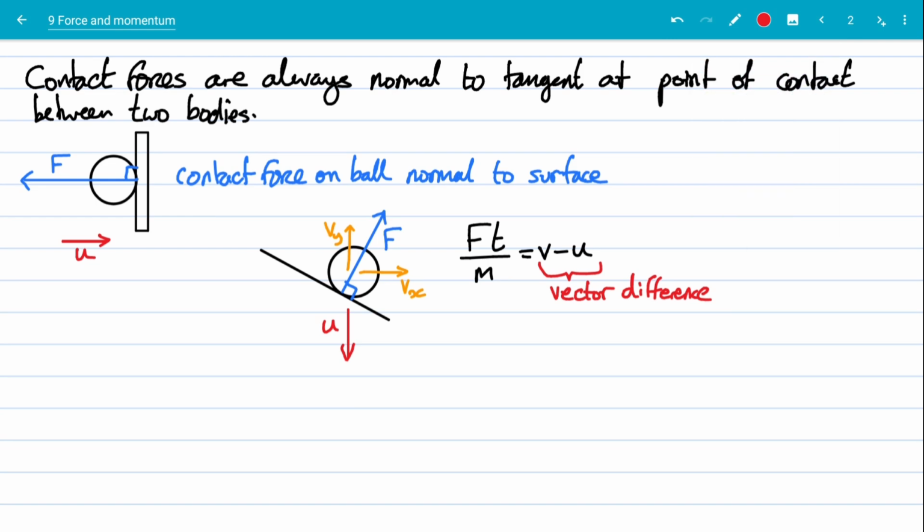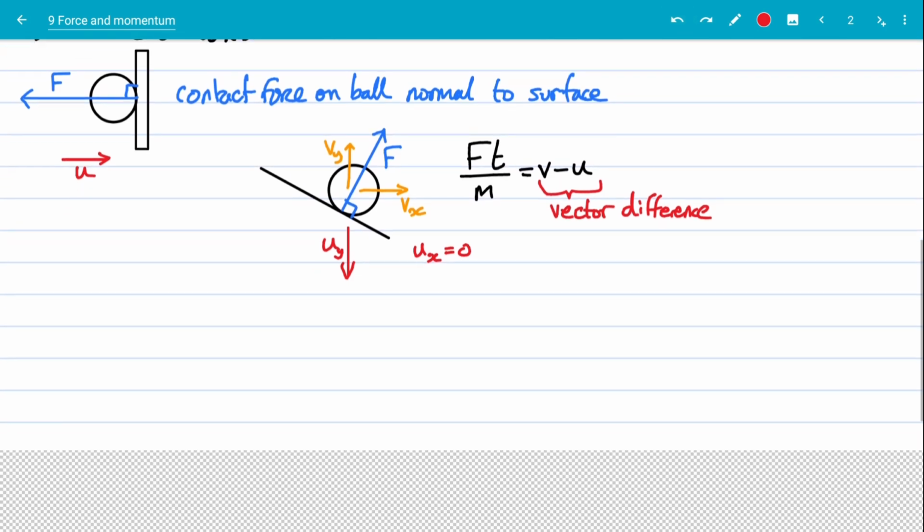We have initially got a Uy and Ux is equal to 0. Just like that. Okay, and we can resolve the vectors. If we know the angle here, we can resolve those vectors to work out what's going on. So that's a simple case of resolving vectors.